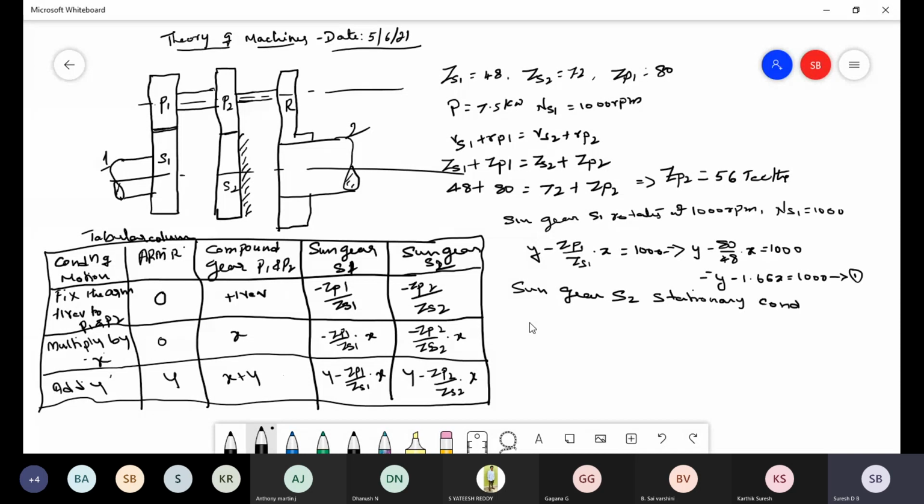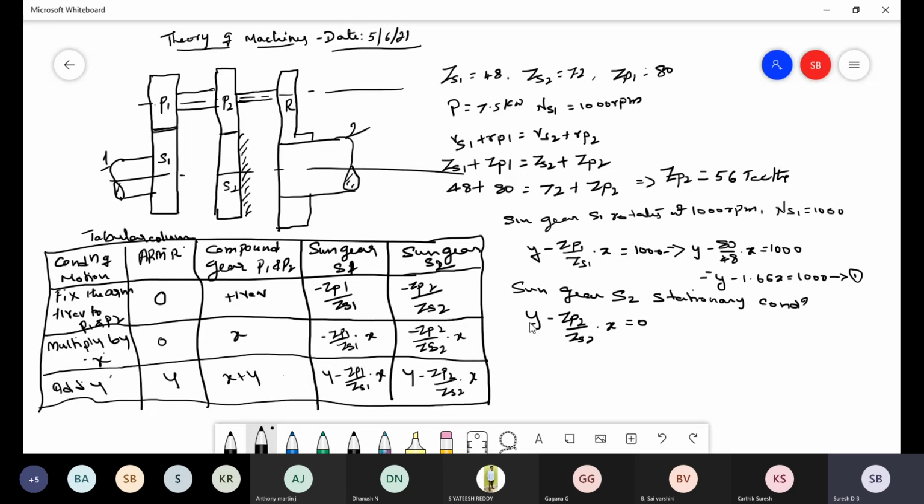Once the gear is stationary, what is the speed? Zero only. By using this formula, you can equate it to 0: Y minus ZP2 divided by ZS2 into X equated to 0, because the sun gear S2 is stationary. There is no rotation in either clockwise or anti-clockwise direction. That's why you can equate it to 0.